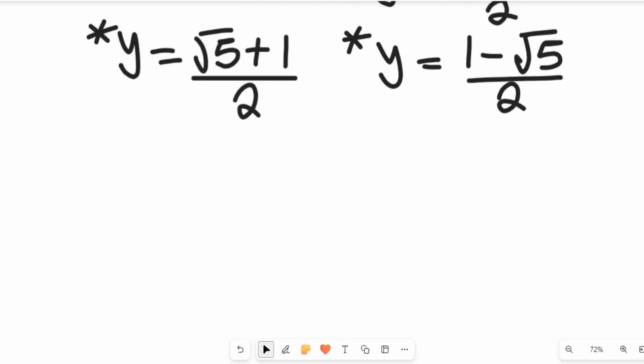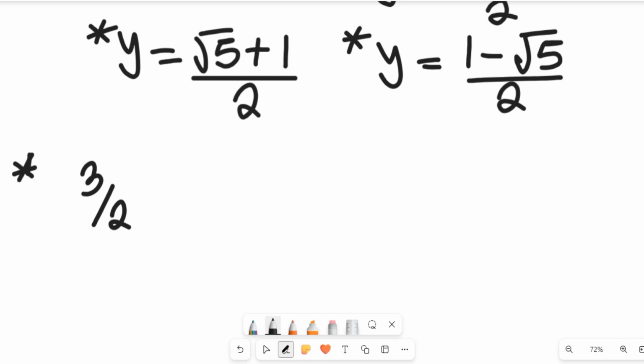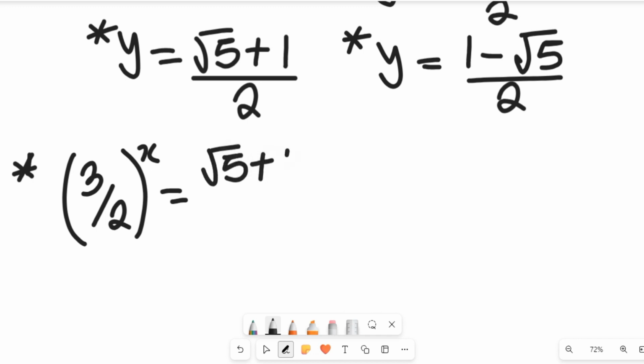If y is equal to 3 divided by 2 to the power of x, then we are meant to find the value of x. So on this other side, we'll have our 3 divided by 2 all to the power of x to be equal to the square root of 5 plus 1 divided by 2.